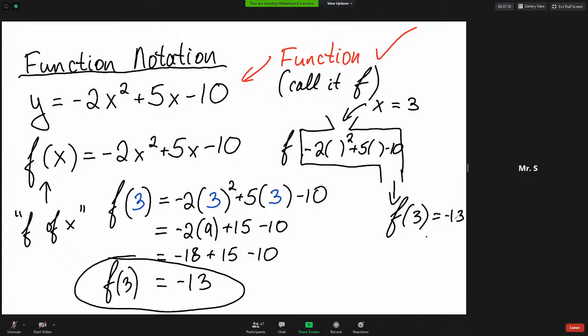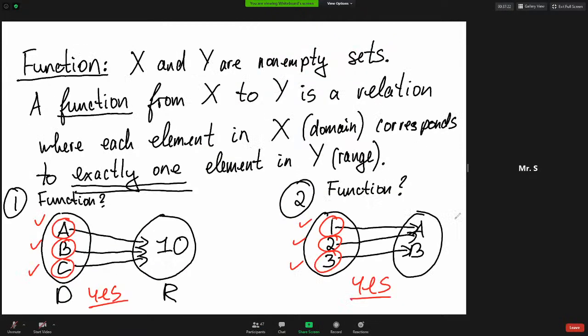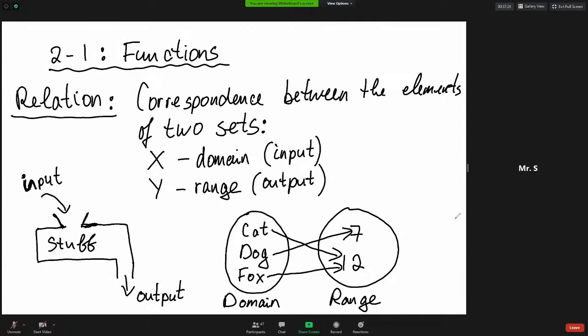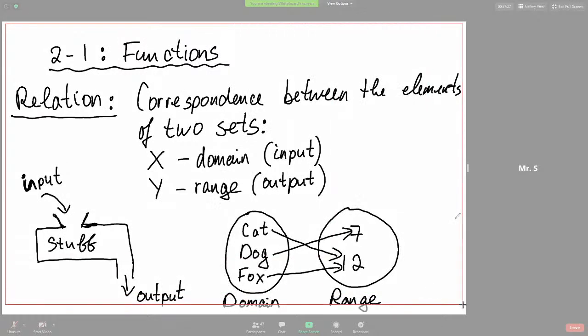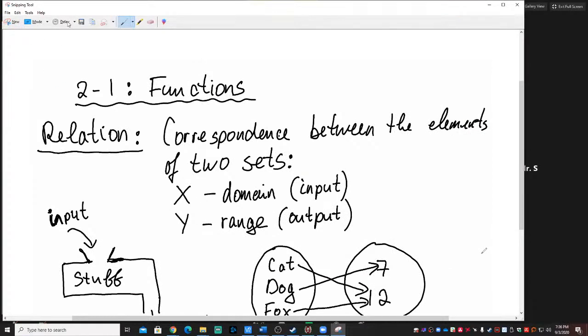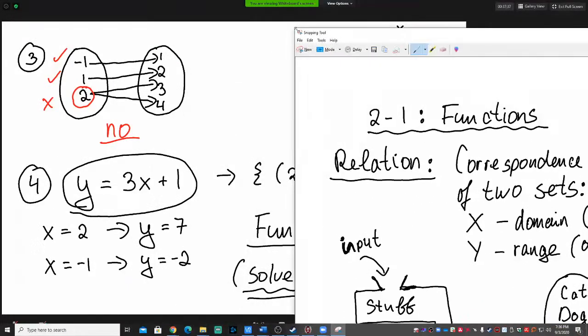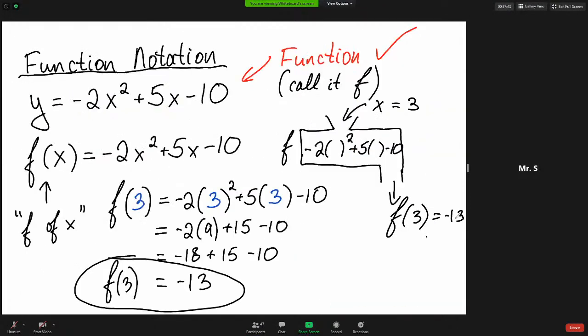But remember, when we were talking about functions earlier, input and output, we were saying that if x is the input, then y is the output, and we had ordered pairs for that. So function notation and ordered pairs are again just different representations of the same thing.